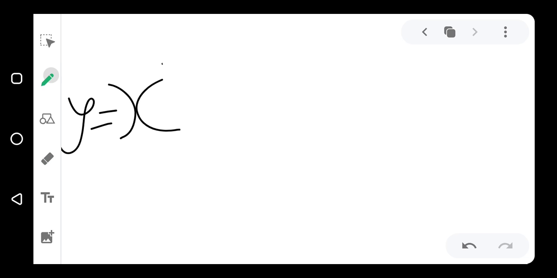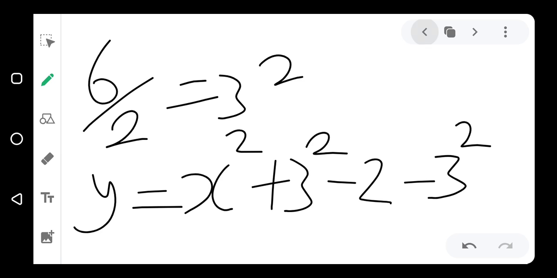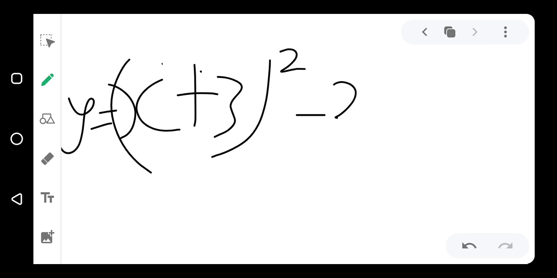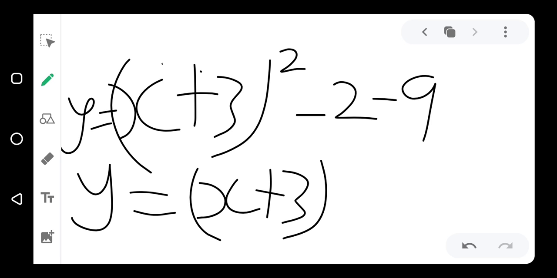Let's collect the power: x plus 3, everything raised to power 2, then minus 2 minus 9. So that gives us y equal to x plus 3 raised to power 2 minus 11.